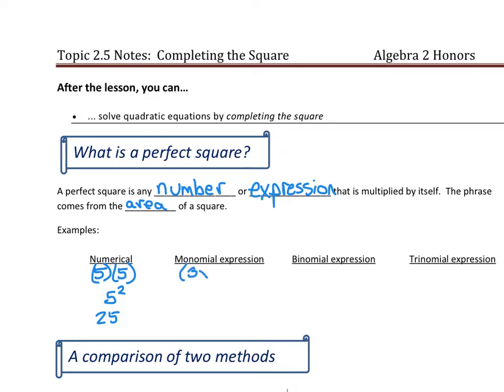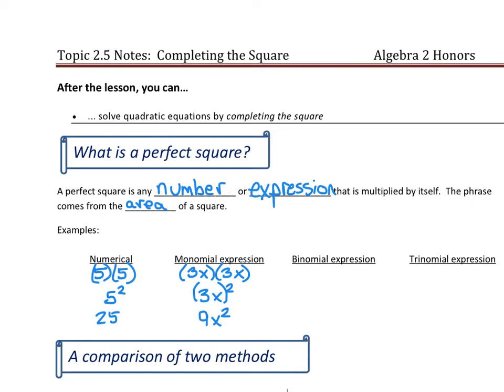So let's look at 3x times 3x. We could write that as (3x) squared. And remember, if I want that 2 to apply to the whole 3x, the base, 3x, has to be in parentheses, and that would equal 9x squared. And 9x squared is considered a perfect square.